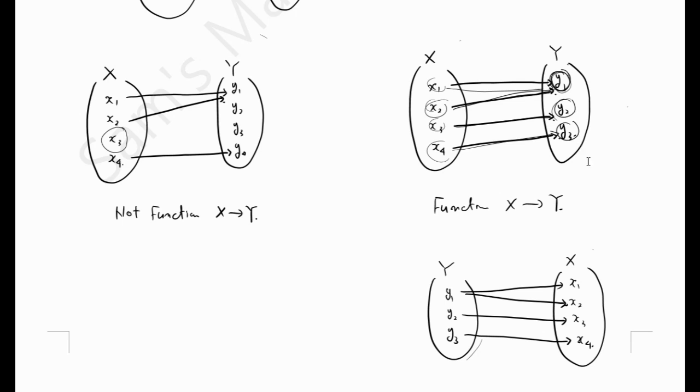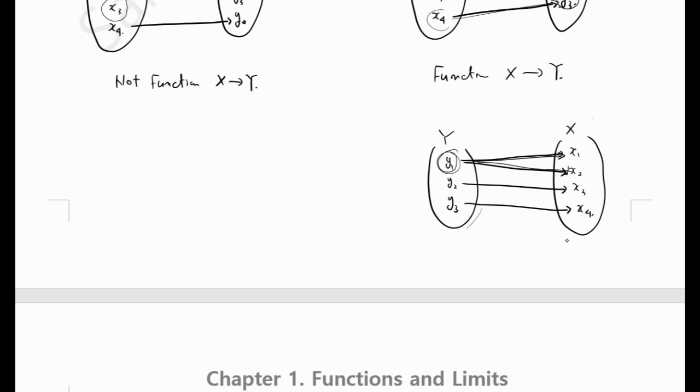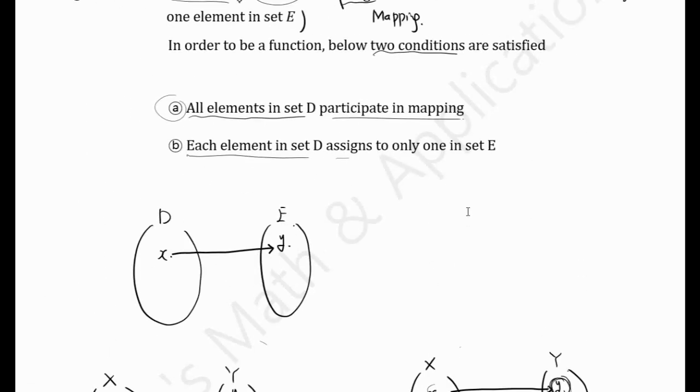How about the second condition? This Y1 is mapping to two elements, not only one element. So this is not a function from Y to X. So in summary, when the mapping satisfies two conditions A and B, it becomes a function.